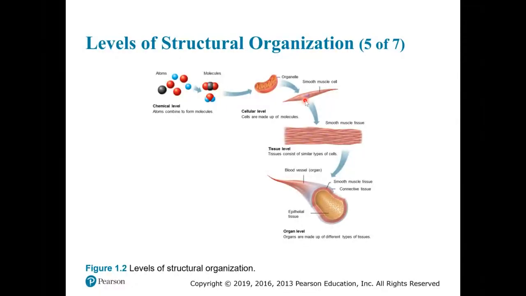Here's another example of an organ. What's an organ? An organ is a group of different tissues. This is a blood vessel. In this blood vessel, we have a lining of epithelial tissue, one type of tissue. On the outside we have some connective tissue, which acts in this case as a protective sheath. And in the middle, we have some smooth muscle.